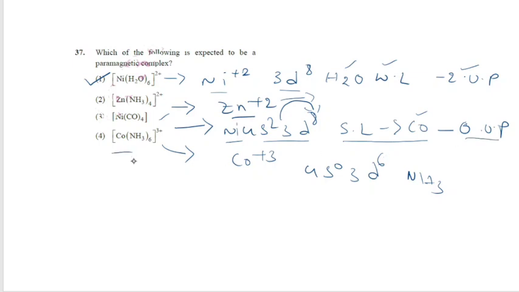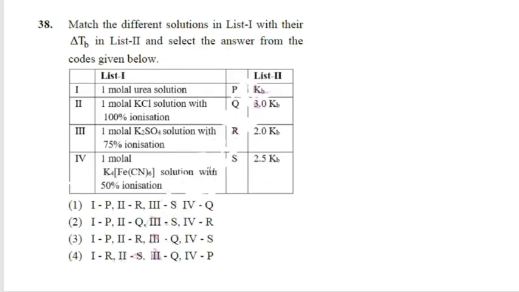In the fourth case also, Co plus 3, 4s0 3d6 configuration, a strong ligand like NH3 pairs up the electrons when it approaches the central metal ion, and hence the fourth complex is also diamagnetic in nature. So it's a quite easy but important concept, and the first one is the correct answer here.